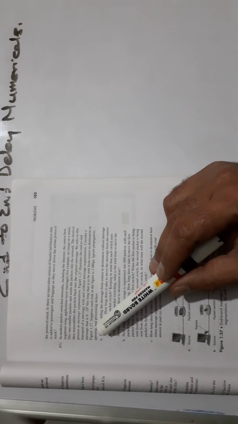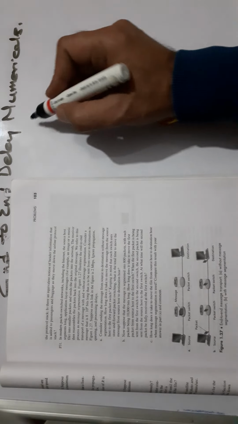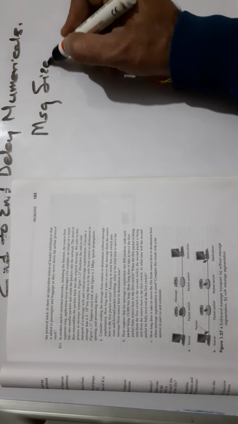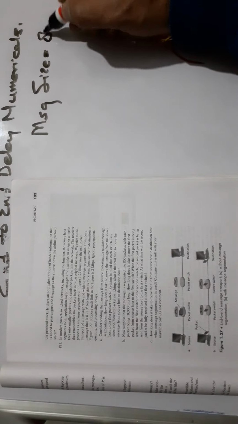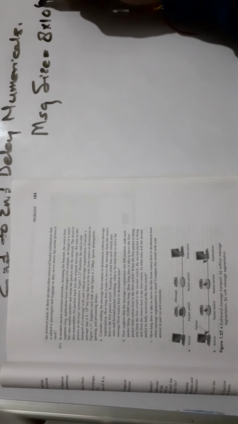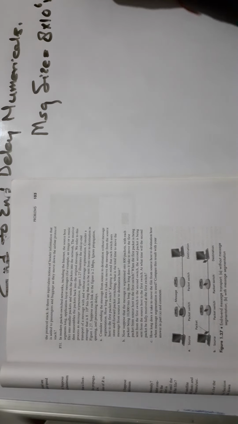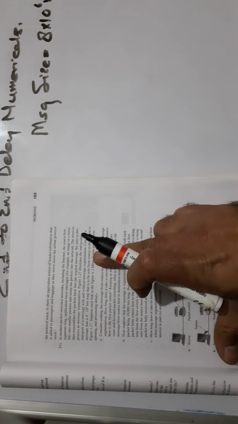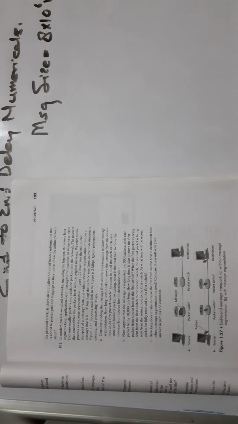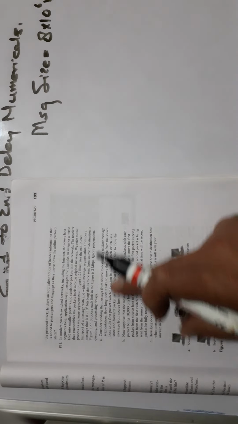Consider a message whose size is 8.8 into 10 to the power 6 bits long, that is to be sent from source to destination in figure 1.27.